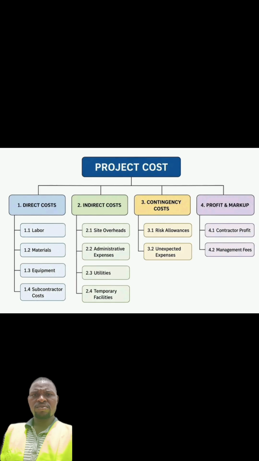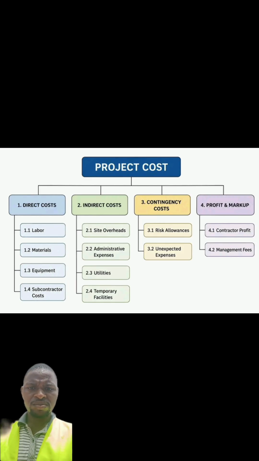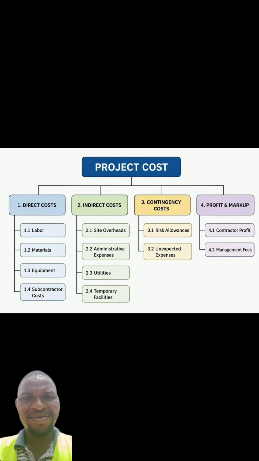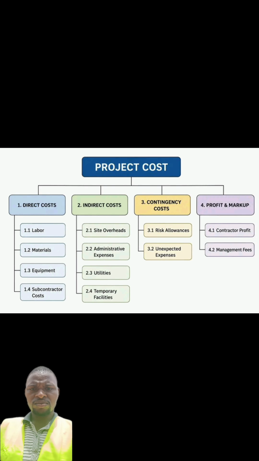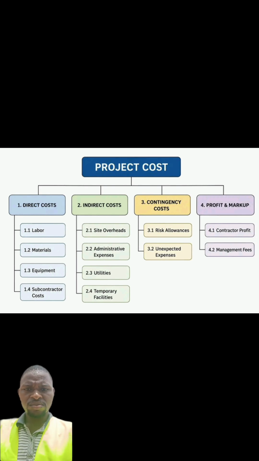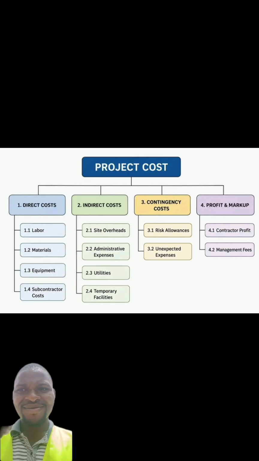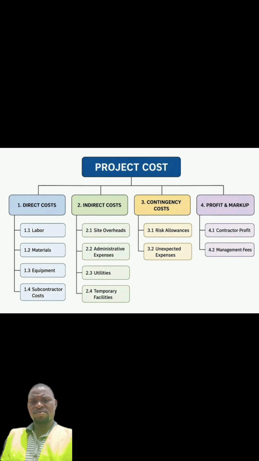So contingency expenses are added to your bill of engineering measurement and evaluation, so that at the end of the day you keep that money aside. If there is an incident, it's not the construction cost you'll be using to handle the incident itself. You're only going to make use of the money you've set aside for contingencies, right?